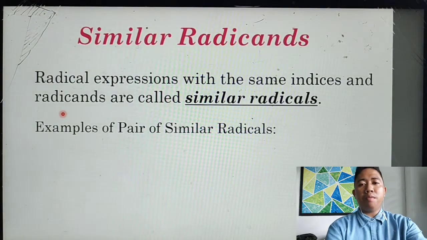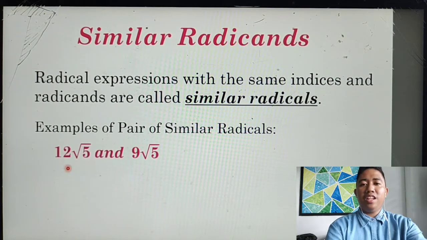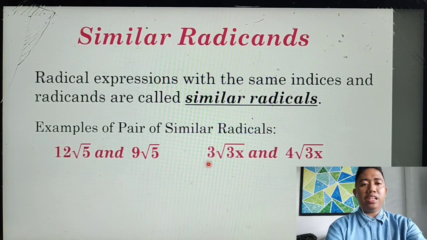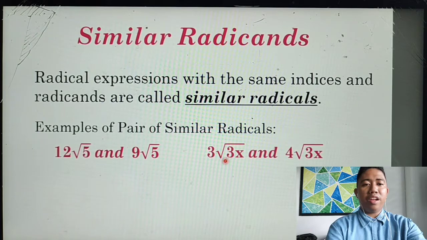Here are some examples of pairs of similar radicals, like 12 times square root of 5 and 9 times square root of 5. Since we have the same radical term, which is square root of 5, it is a common factor of these two terms. We also have 3 times square root of 3x and 4 times square root of 3x, because we have the same radical term, square root of 3x.